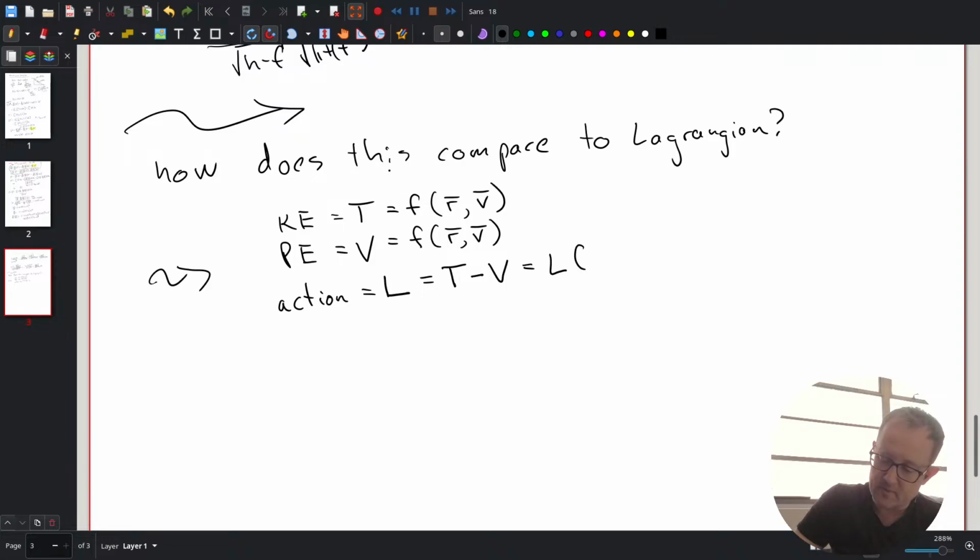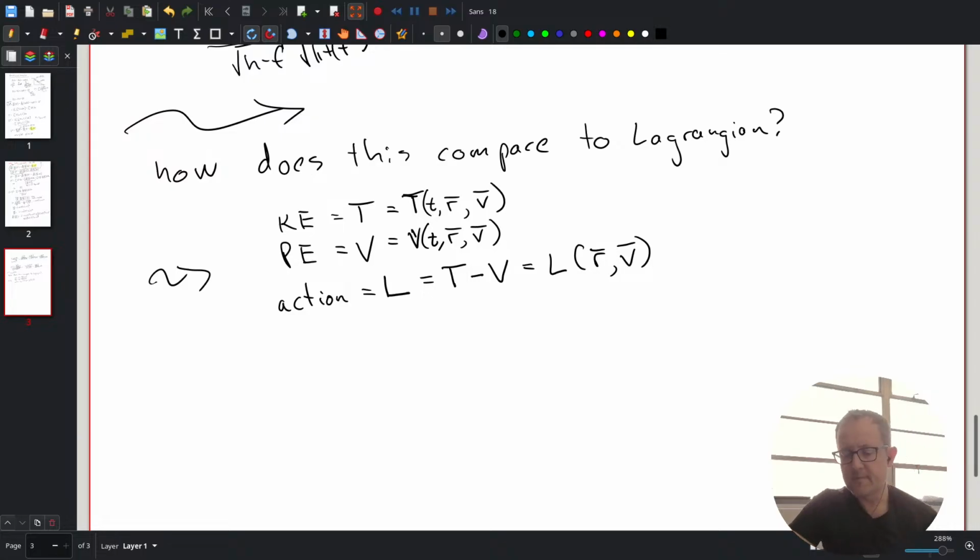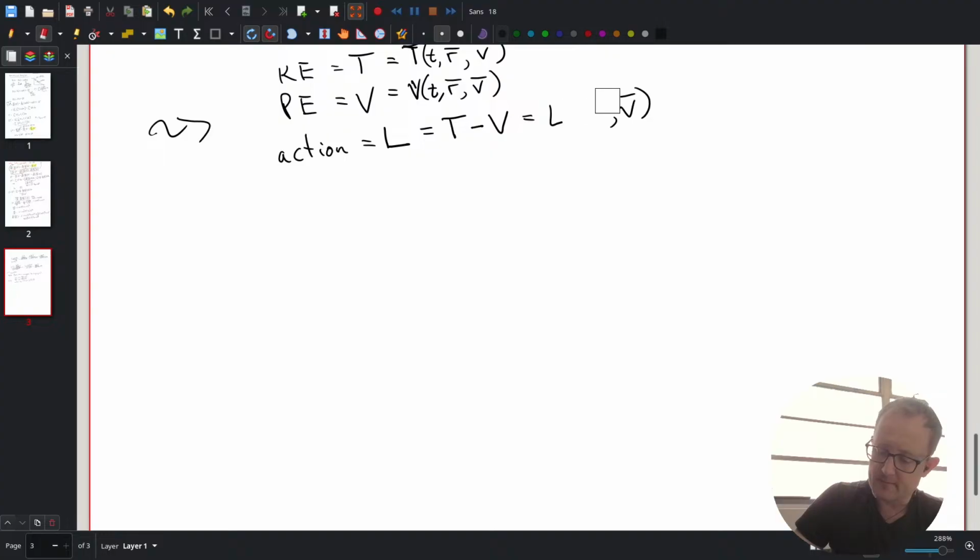Oh, I wrote f for both of them, but let's keep it as T and V. Some function of r and v. And technically it could be time too, right? So let's put time in there. Time, position, and velocity.